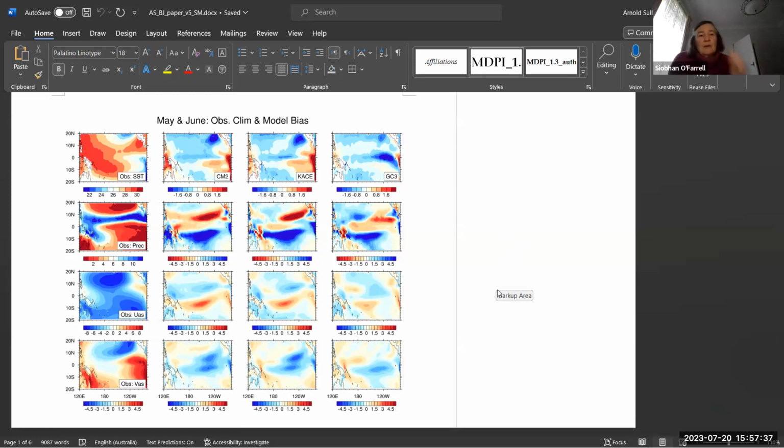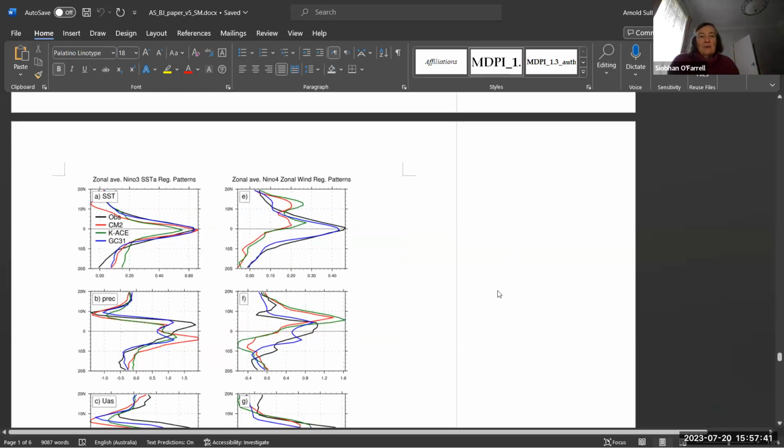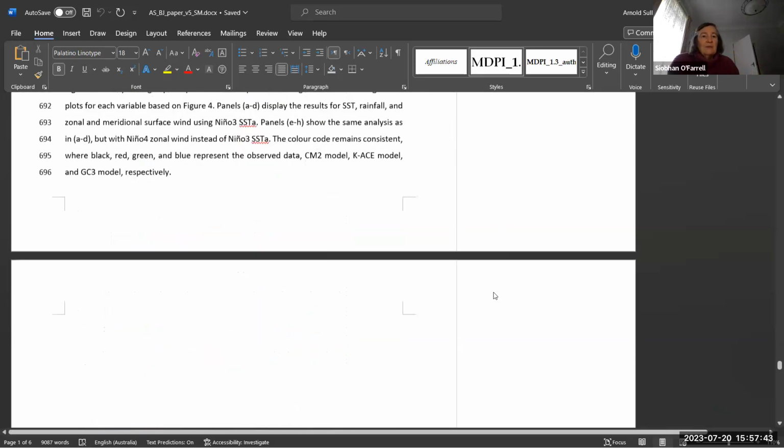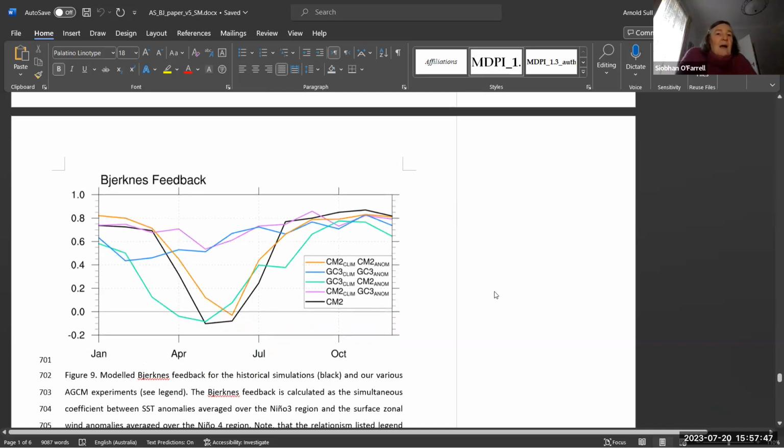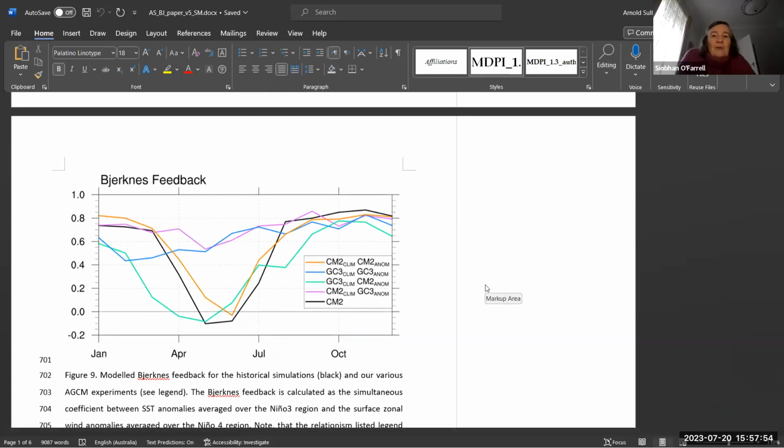Even your simple coupled type experiment still needs this plot. I was puzzled why that would still show a response even if you're just doing an AGCM, but maybe I was missing something.